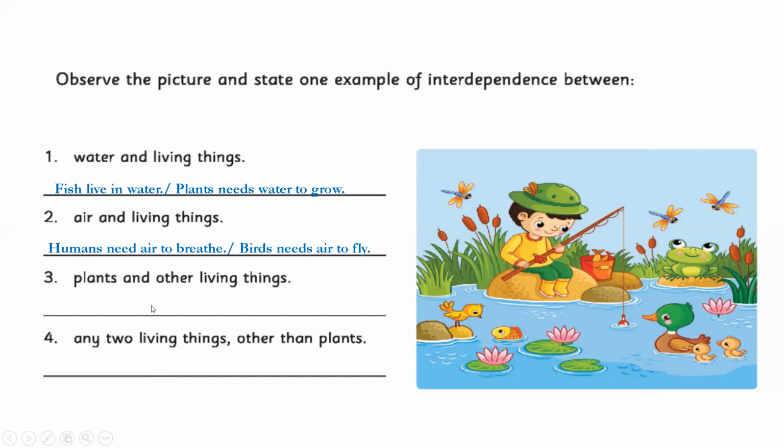Next one, plants and other living things. We know that plants are living things, and the interdependence between the other living things and the plants is that plants give out oxygen into the air, which other living things breathe, right?